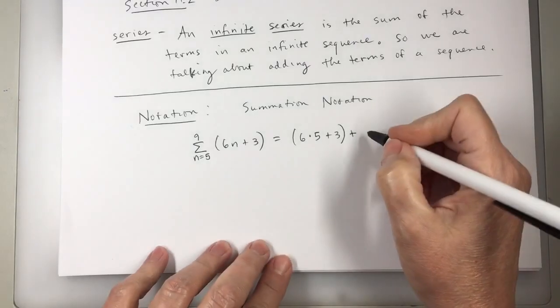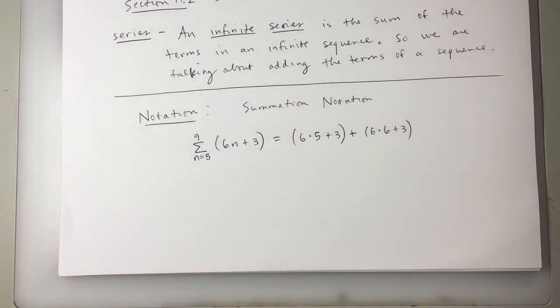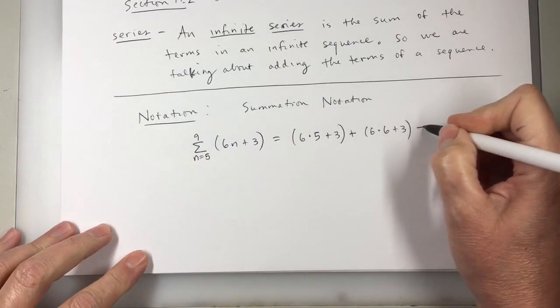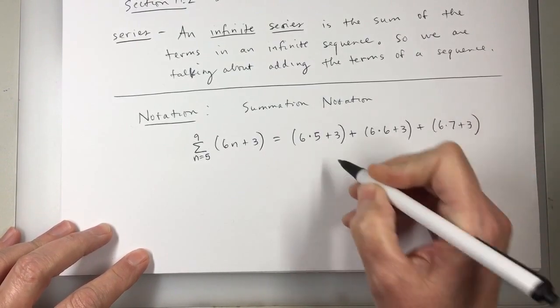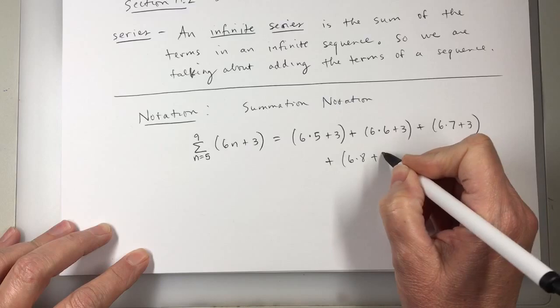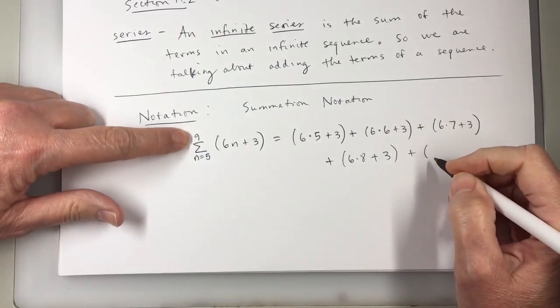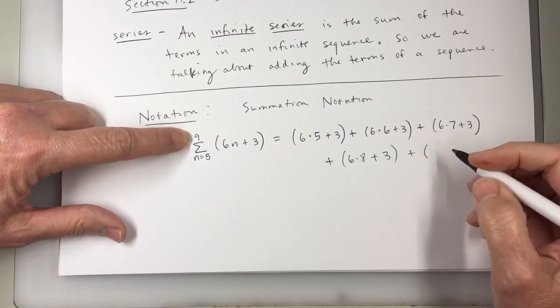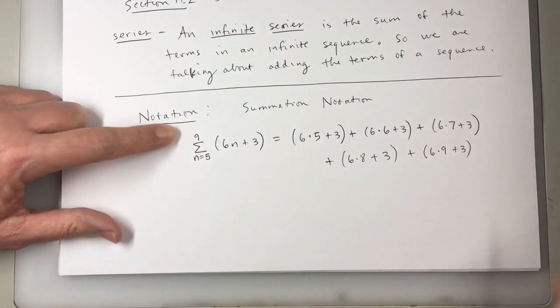Then you plug in 6 times 6 plus 3, and then we'll go up to 7, 6 times 7 plus 3, and then plug in 8, 6 times 8 plus 3, and then plug in the 9, and this number at the top tells you what you're going to stop with. 6 times 9 plus 3.